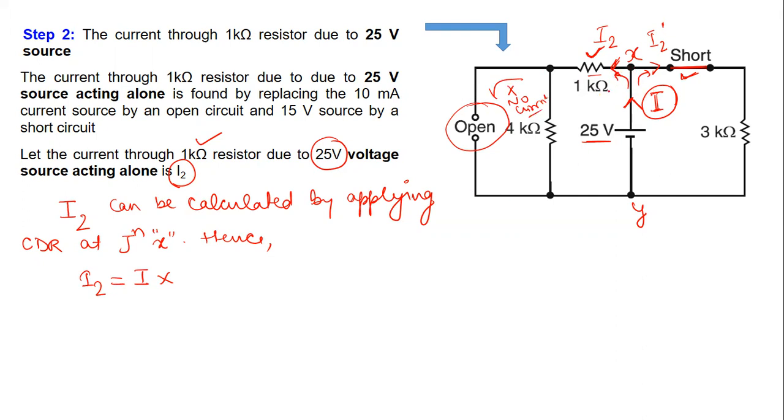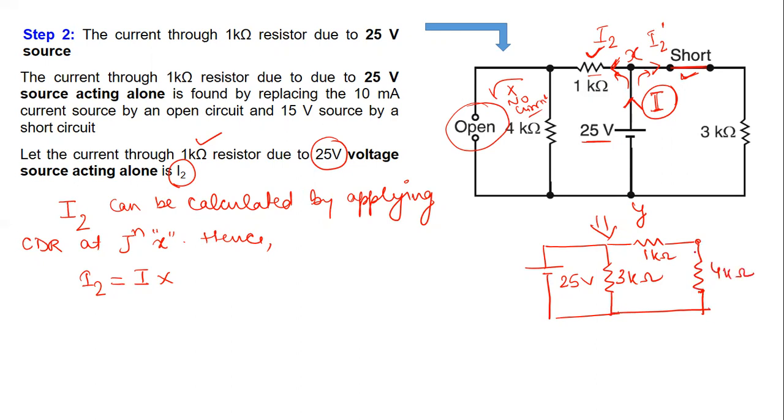Now, if you redraw this circuit, you can redraw it like this. We are trying to determine the current. This is current I here, this is current I2 dash, and this is current I2, as assumed.